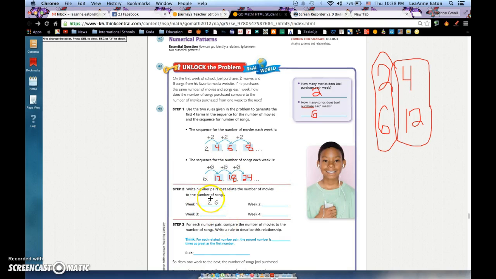And so then we make our ordered pairs. Week 1 is 2, 6, so week 2 is going to be, we said 4, 12. Week 3 will be 6, 18. Week 4 will be 8, 24.